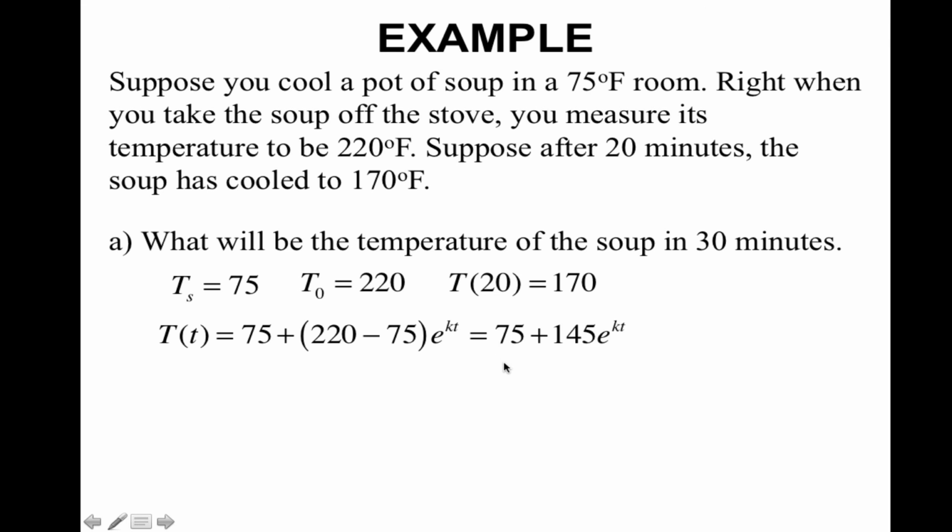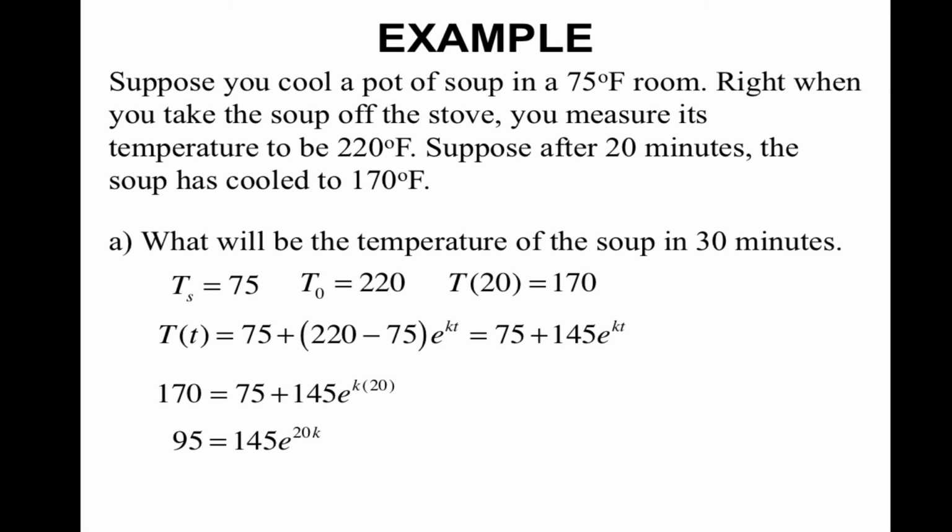So I get that T of t is equal to 75 plus 145 e to the kt. In order for me to find k, in order for me to evaluate this function at time t of 30 minutes, I'm going to plug in that in 20 minutes, I have a temperature of 170. So now basically I'm going to solve for k.